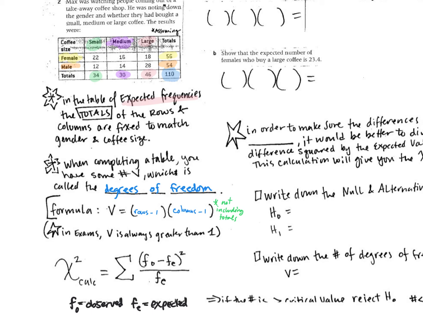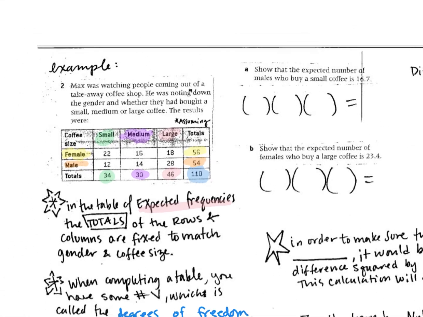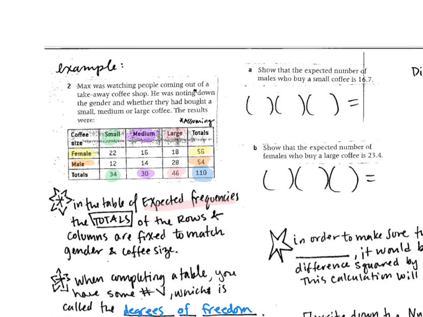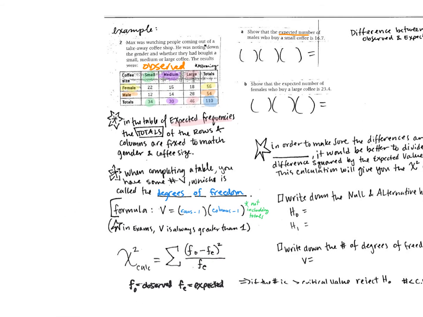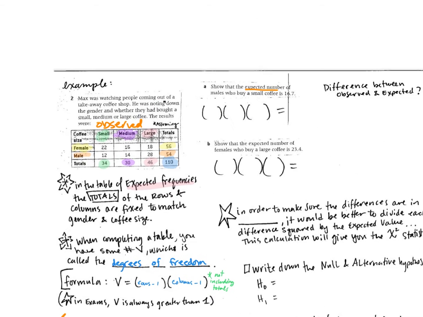Okay, so let's go back up here. The question is asking, there are so many things I can do with this table. Show that the expected number of males who buy a small coffee is 16.7. We've observed something, right? These are observations. Now I'm talking about the expected.